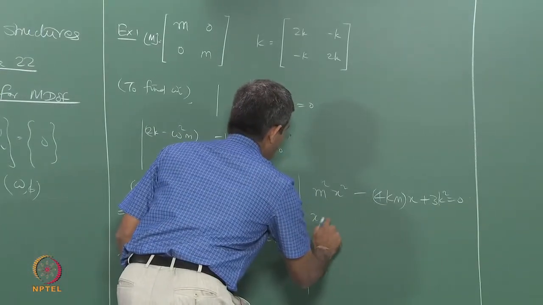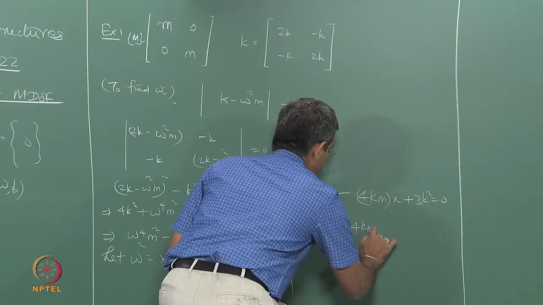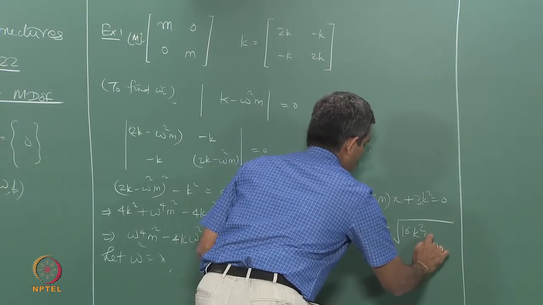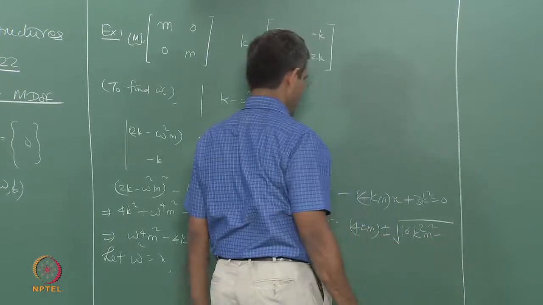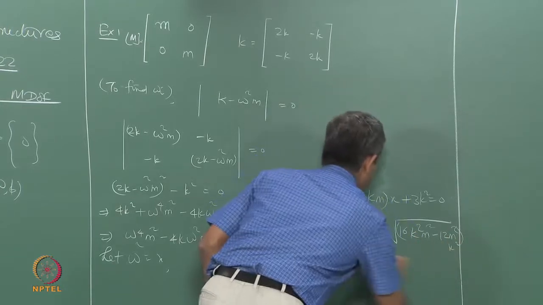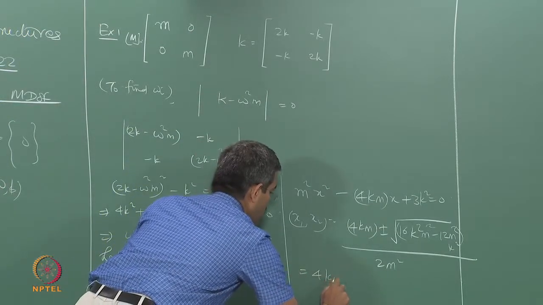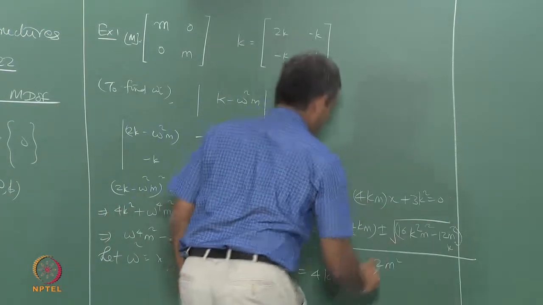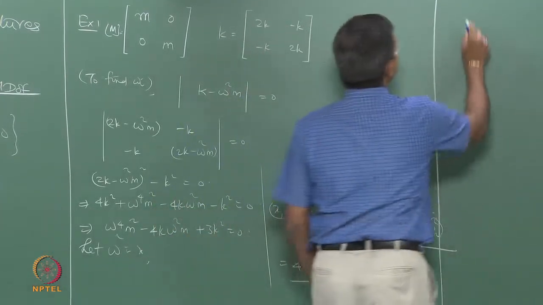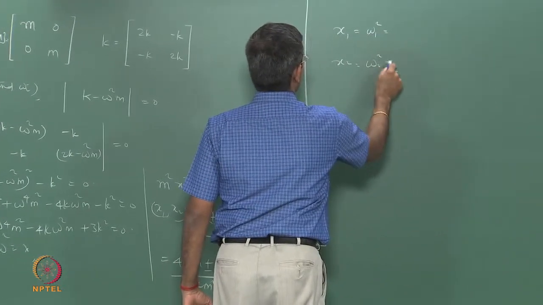So, I can solve for x1 and x2, which are the roots of this quadratic, so this will be 4 km plus or minus the square root of 16 minus 12, which is 4, root km by 2m square. This gives me x1 and x2, that is omega 1 square and omega 2 square.